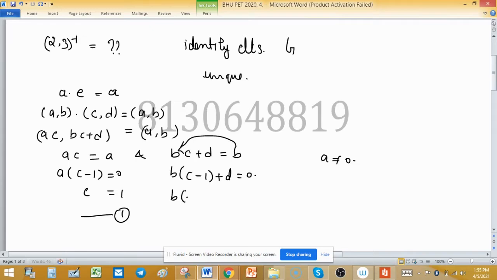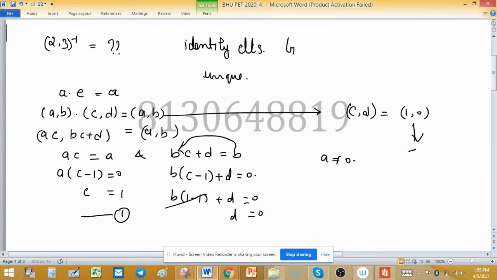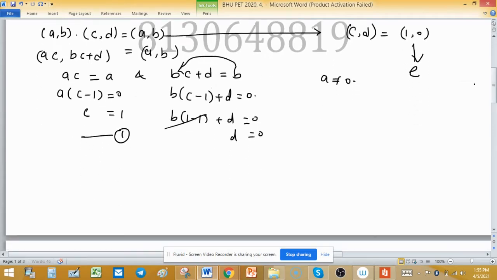Means b(1 minus 1) plus d is 0. This is going to be 0. So d equal to 0. Now we know the element (c, d). The value of element (c, d) is (1, 0). This is the identity element e. Call it the identity element.